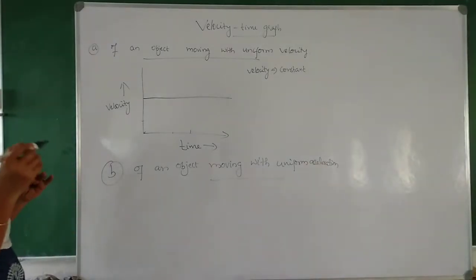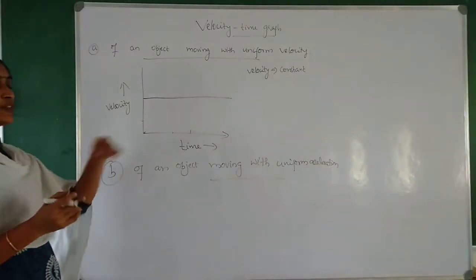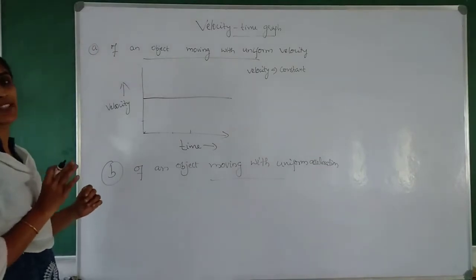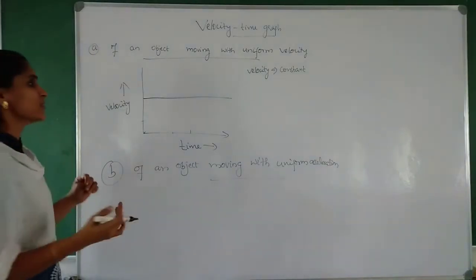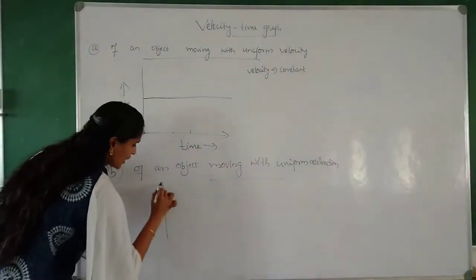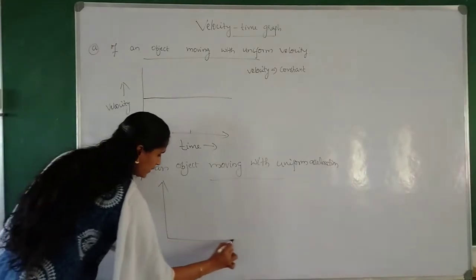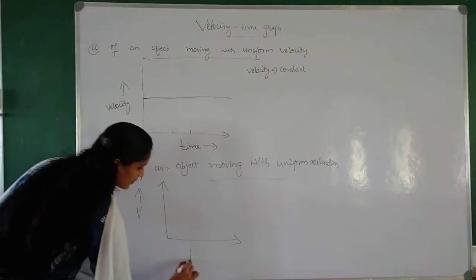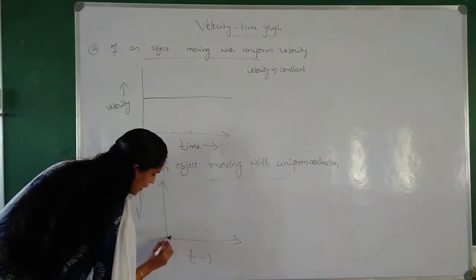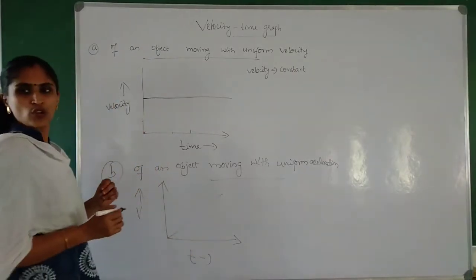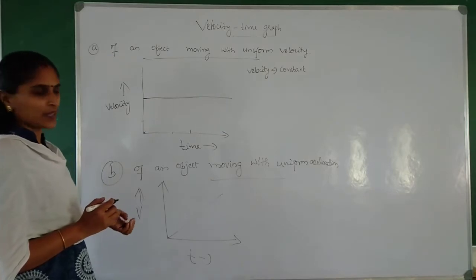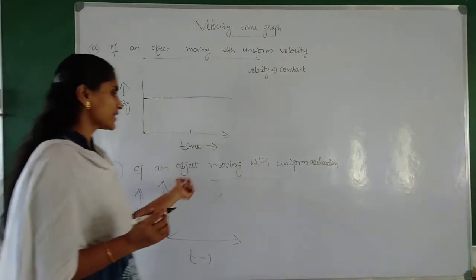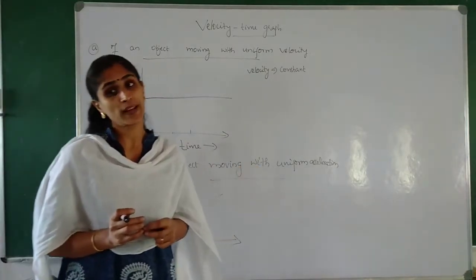Here uniform acceleration means acceleration remains constant, so there is equal change in velocity in equal intervals of time. Here we plot velocity and here we plot time. The graph will be inclined to both axes. Is it clear? So this is the case if an object is moving with uniform acceleration.